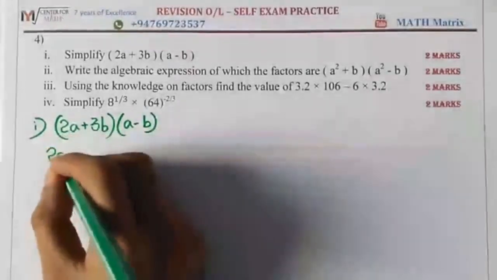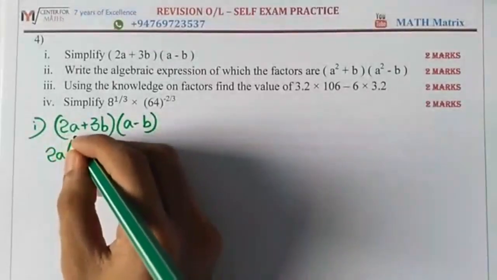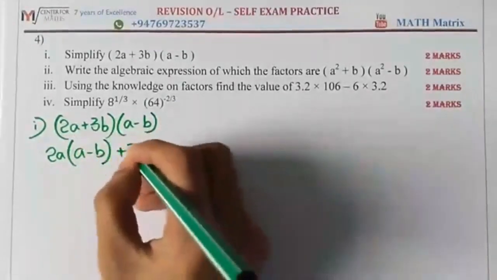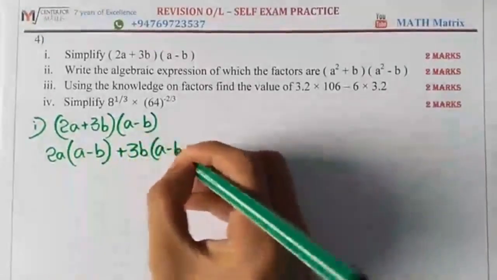Okay, right. So here the first term 2a we have to multiply by the second bracket a minus b, and the second term 3b we have to multiply by again a minus b.